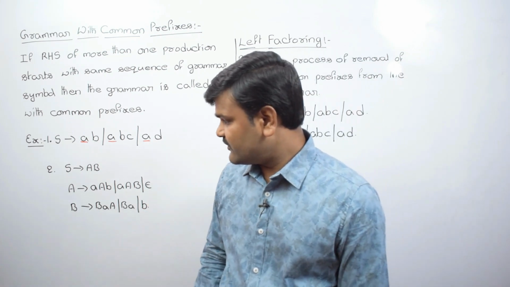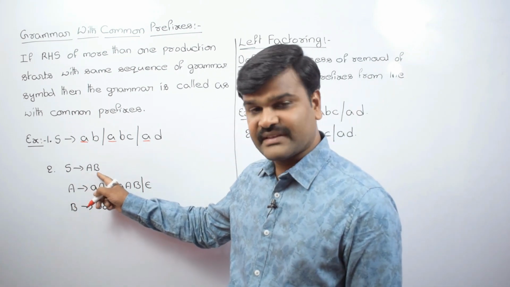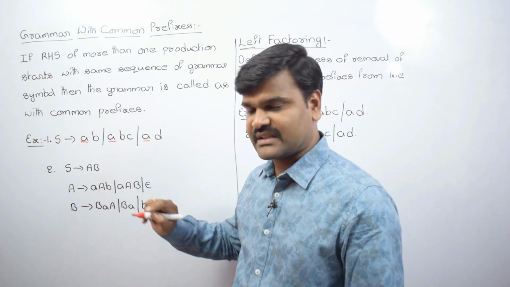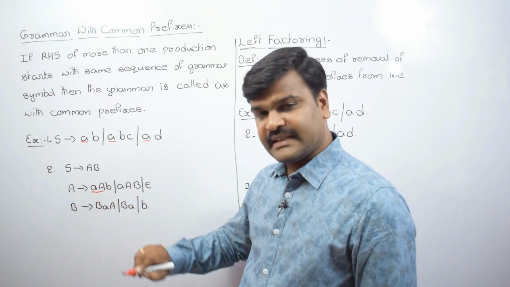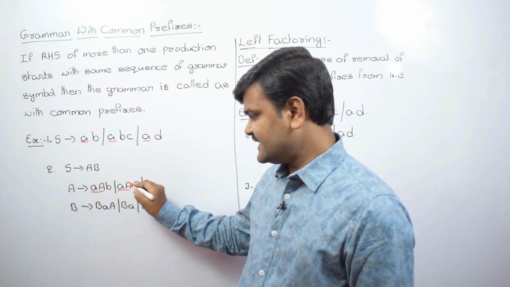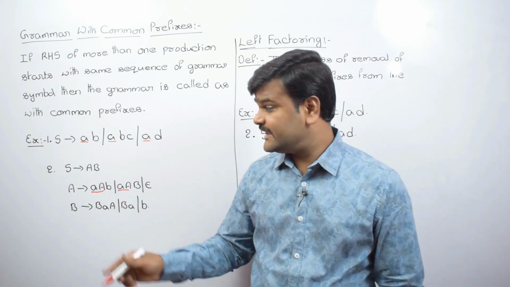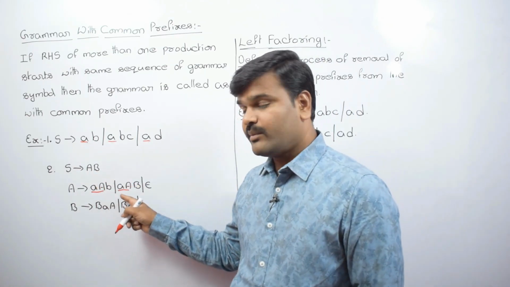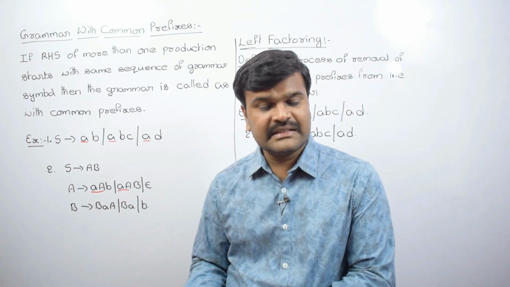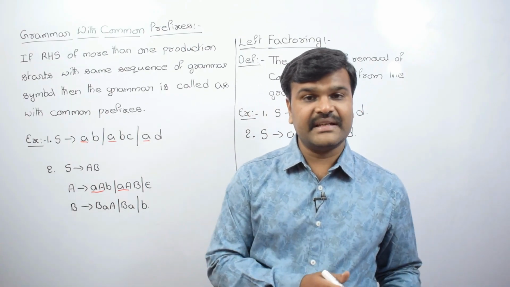In this example, there are no common prefixes because we have only one production. But in this case, small a, small a, capital A. This example need not always be terminals. It may be a combination of terminals and non-terminals, that means variables.